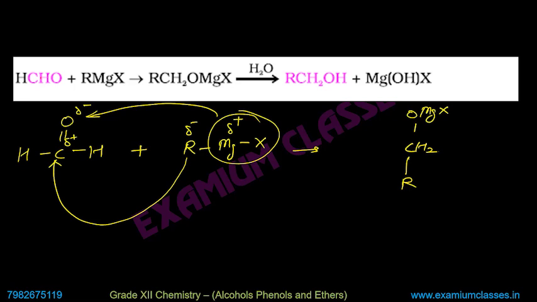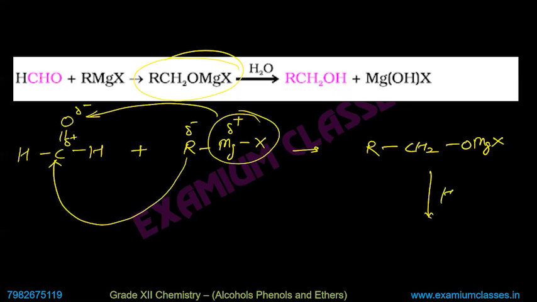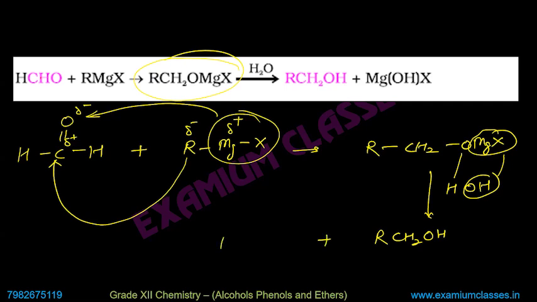So I'm writing it like this, RCH2OMgX. After that, we get it reacted with H2O, that is HOH. This MgX and OH will combine and O will get attached with H. So we will get RCH2OH plus MgOH.